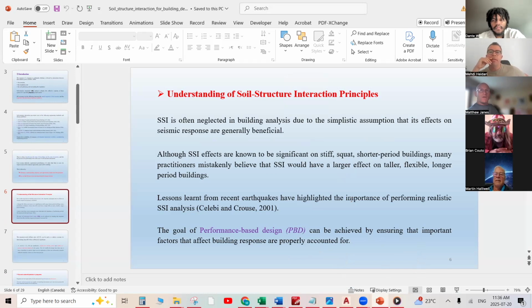We work based on the Winkler Foundation, nonlinear Winkler Foundation, like Novak. Novak worked mainly with the professor that I was working with, Hisham Elnagar, on those frequency domain methods for vibration and cyclic or dynamic loading.